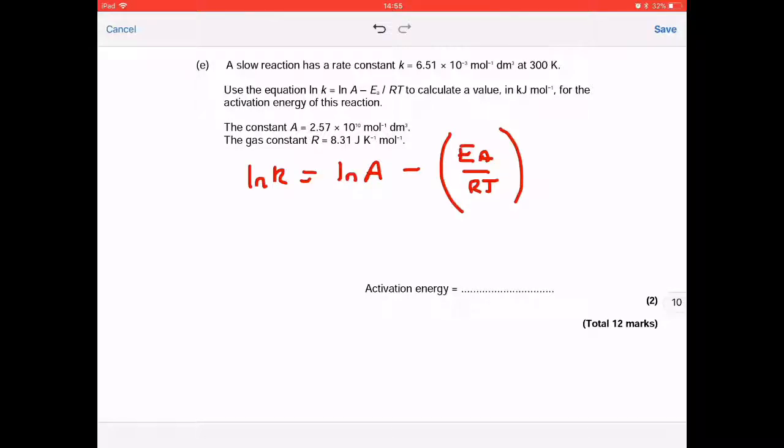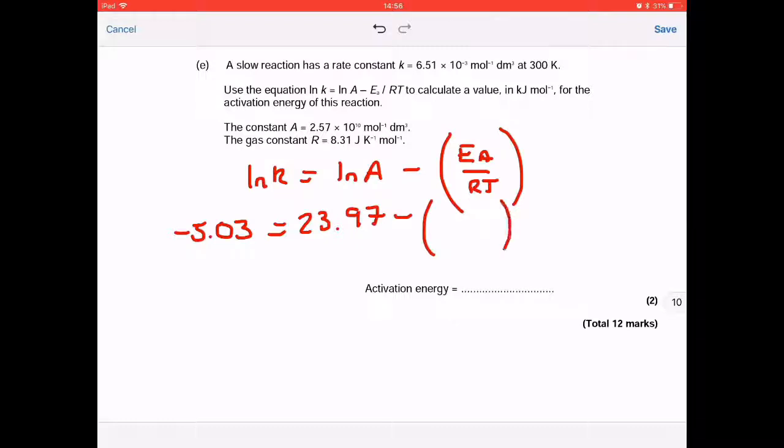If you take the natural log of K, so natural log of 6.51 times 10 to the minus 3, we should get a value of, hopefully if it works, negative 5.03, equals the natural log of A. Again, if you type that into your calculator, you should come out with a value of 23.97 minus, and then again we've got Ea over RT.